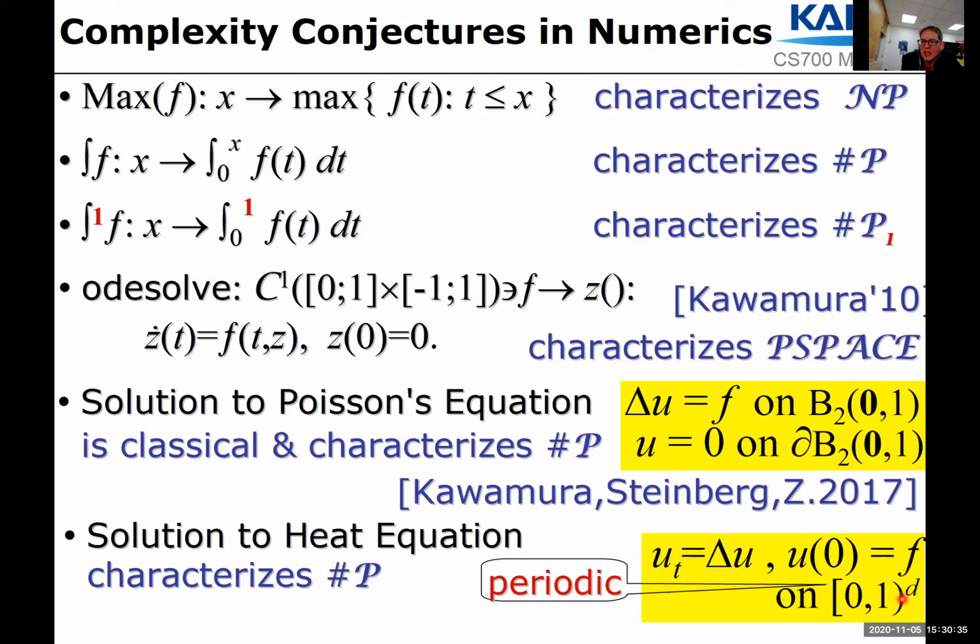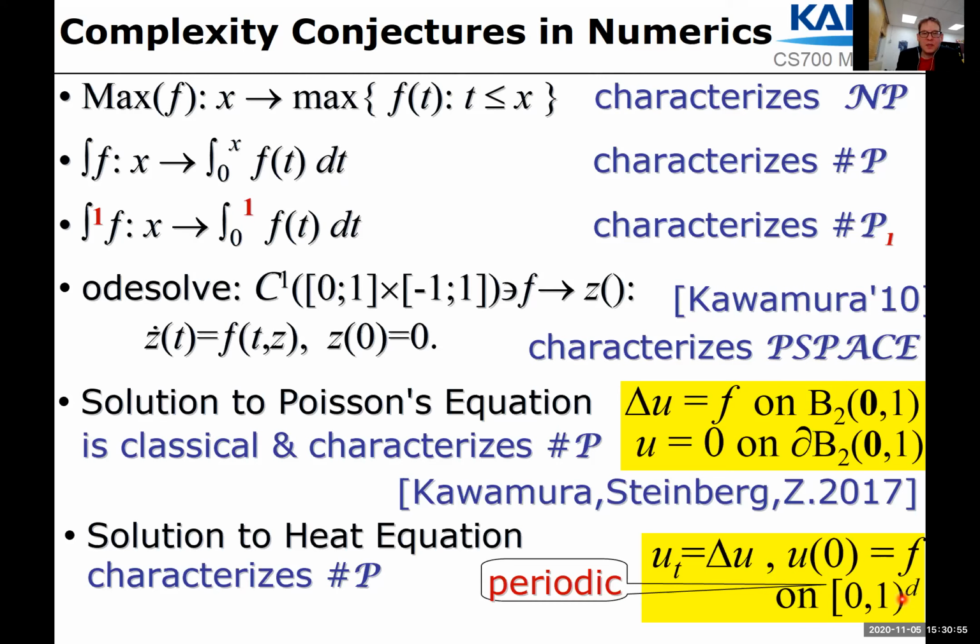Which is kind of surprising, because it's well known that the solution theory of partial differential equations is quite different depending on whether it's an elliptic, parabolic, or hyperbolic partial differential equation.